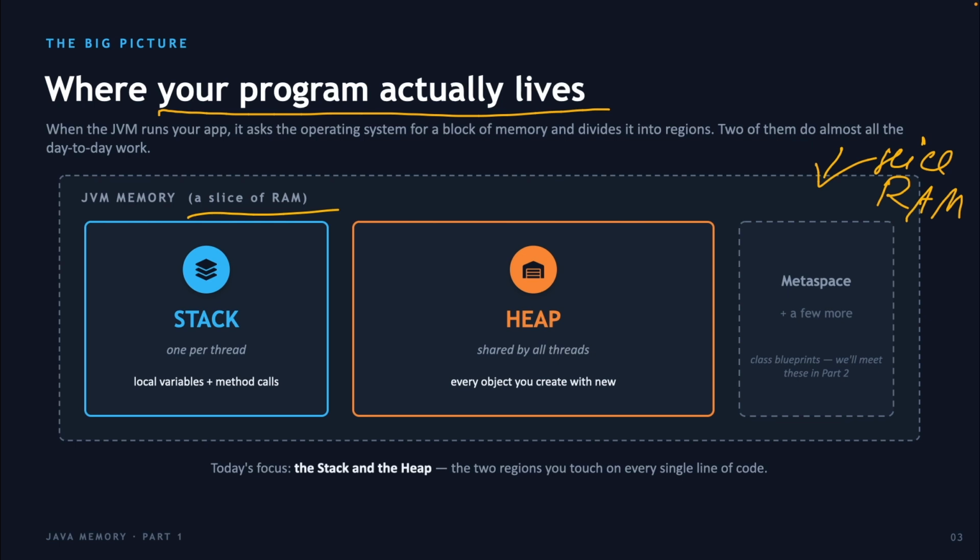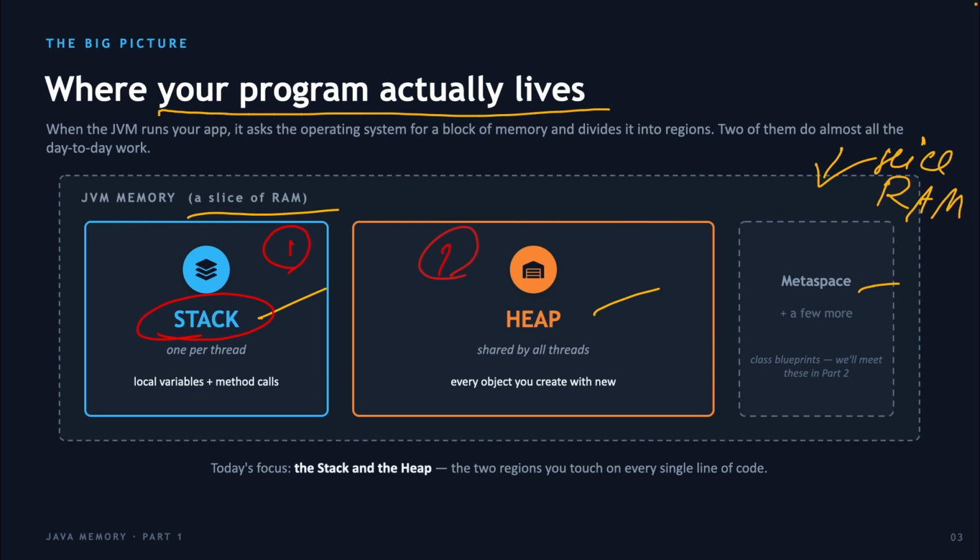A few of them are stack memory, heap area, metaspace, and a few others. But for day-to-day Java programming, 2 regions are used most, and those regions are the stack and the heap.